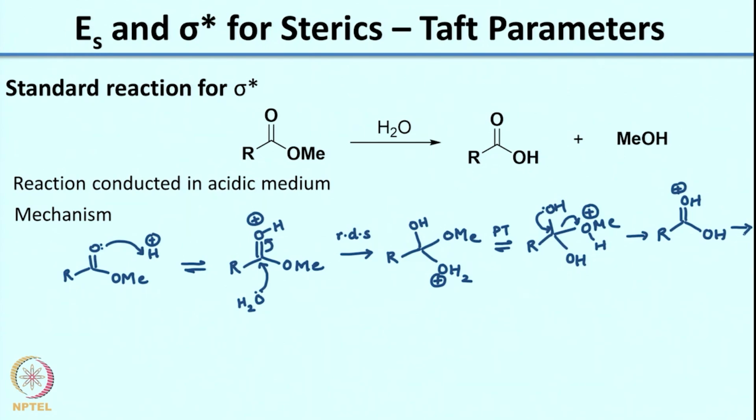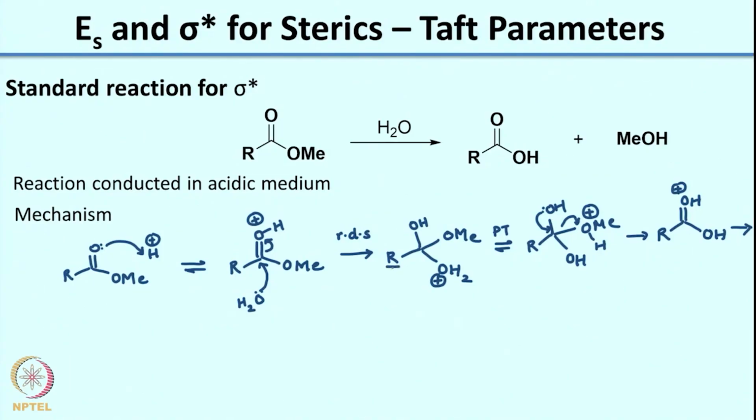So, now let us look at the rate determining step, because we are trying to determine the role of the substituent, and let us assume now we are looking at the substituent at this position R. So, in the rate determining step I have A going to B. Now, what is happening here is both A as well as B is protonated.